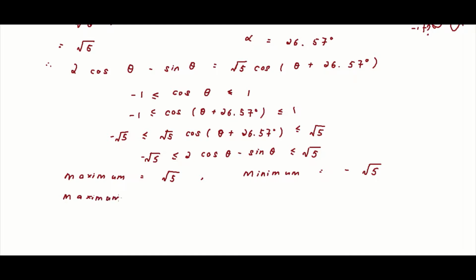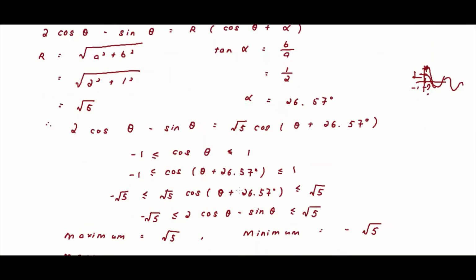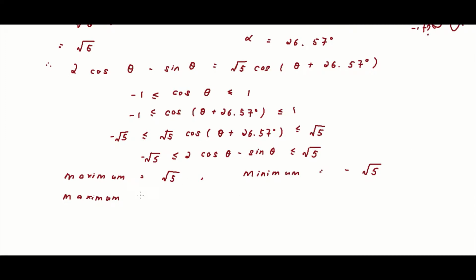So the maximum happens, or they use the word occurs, so yeah, occurs. Okay, so the maximum occurs when your cos of theta plus 26.57 is equal to 1.